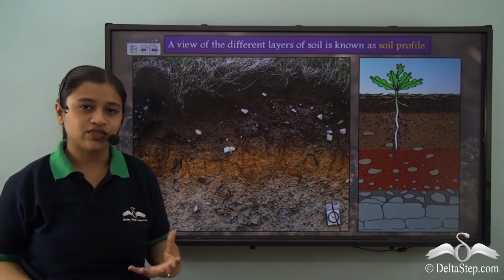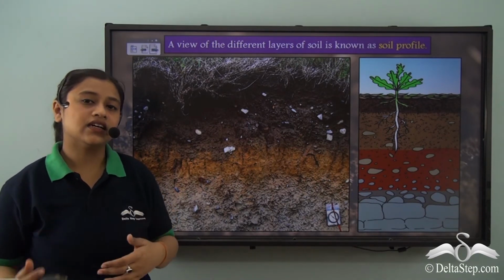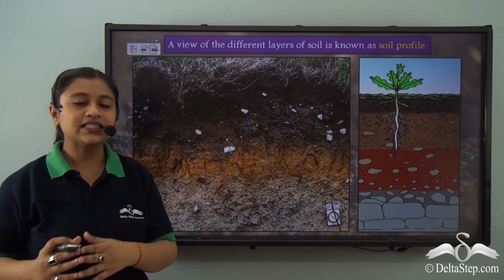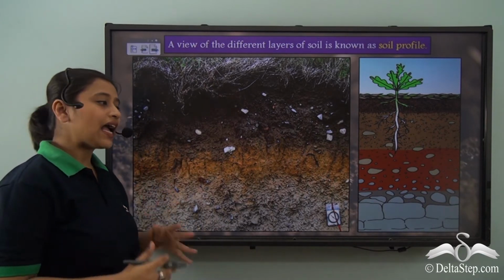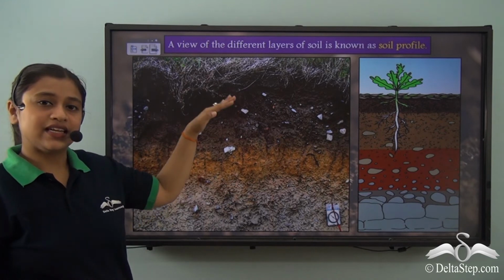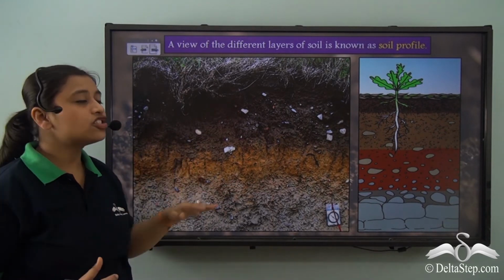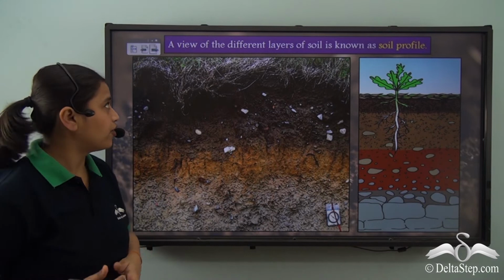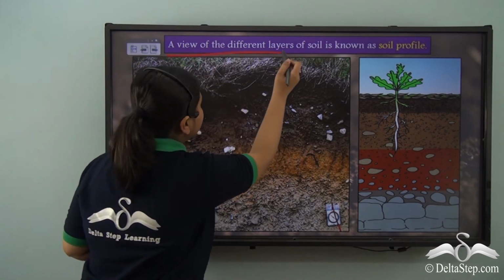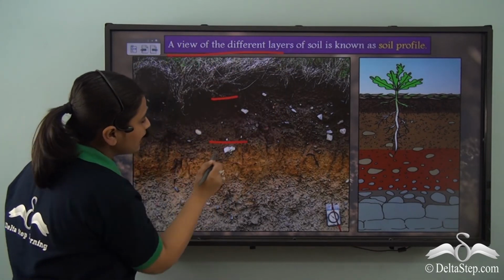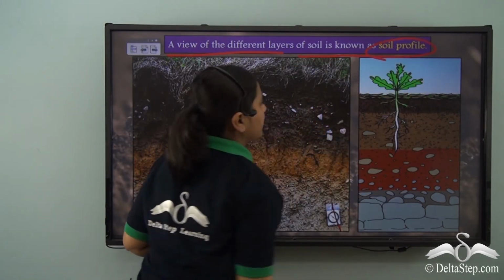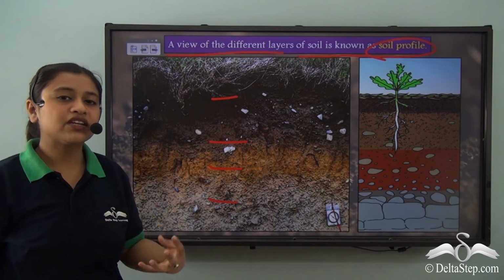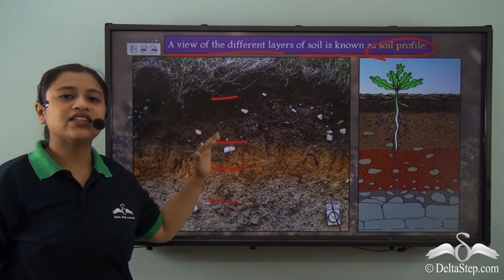So over the years, soil formation takes place in different horizontal layers. If we take a look at these different horizontal layers, we get the view of the soil profile. Therefore, soil profile is nothing but a view of the different layers of the soil.